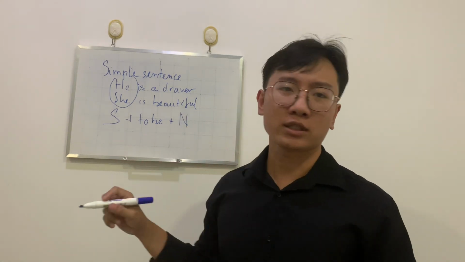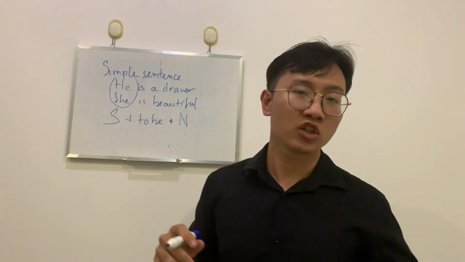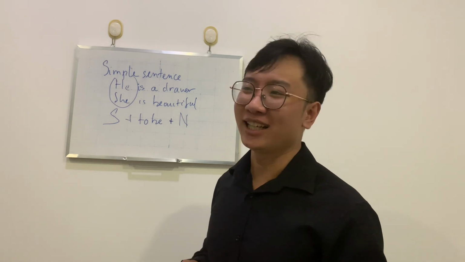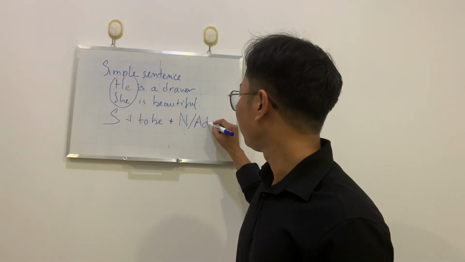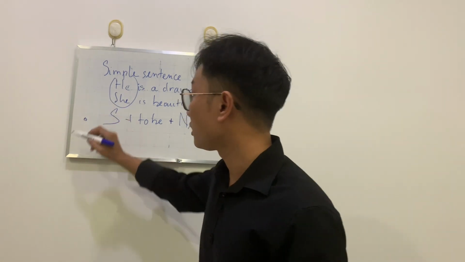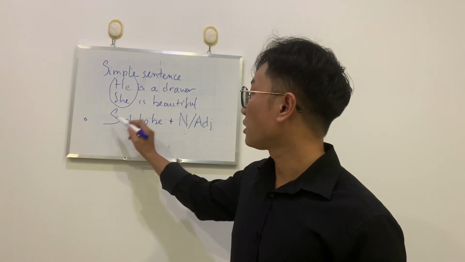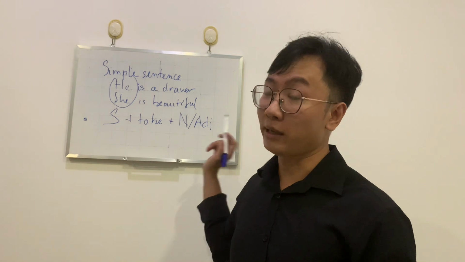And what about beautiful? Okay, what part of speech is beautiful? Is it a noun? Nah, I don't think so. It's an adjective. So this is one simple sentence. Subject, to be, noun or adjective.